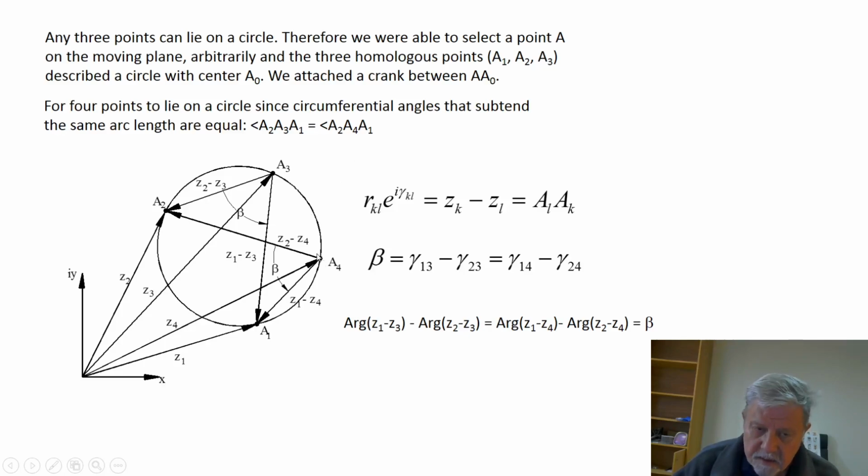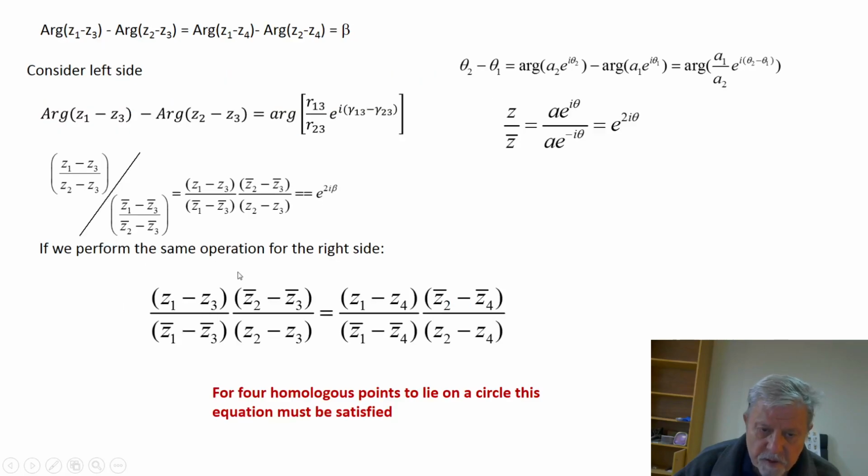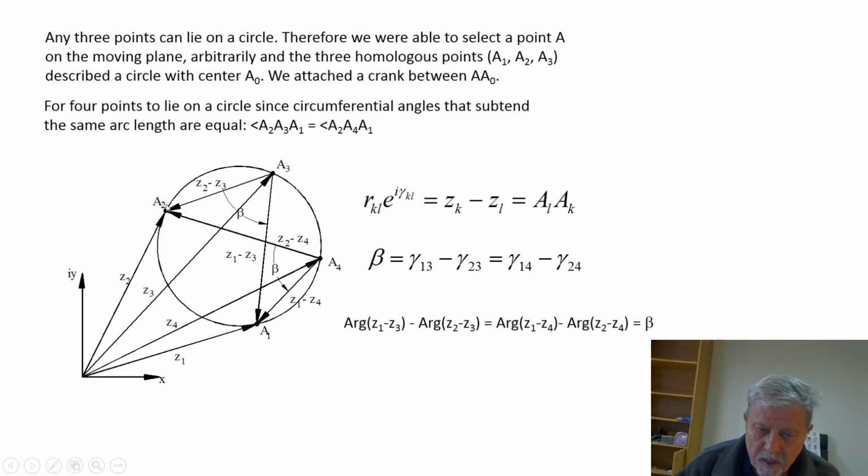The angle A2, A3, A1 subtends a chord of this circle, from A2 to A1. The angle A2, A4, A1 subtends the same arc length.